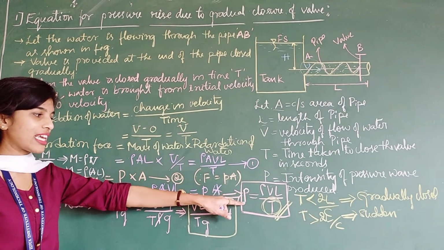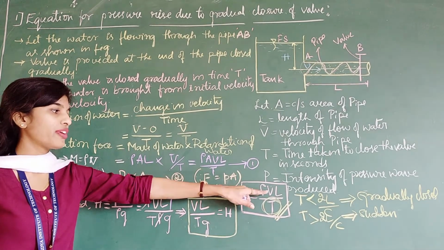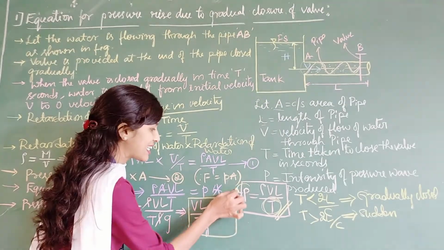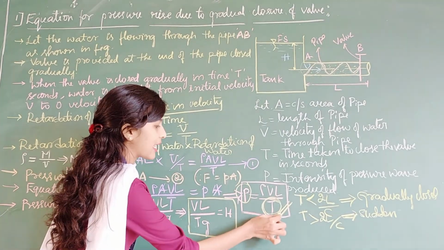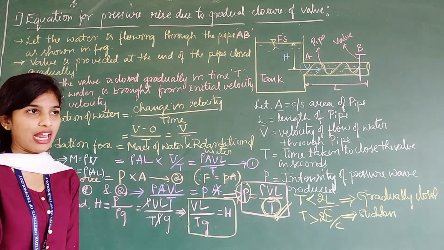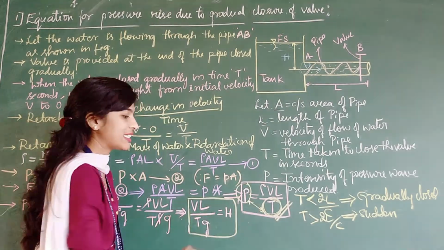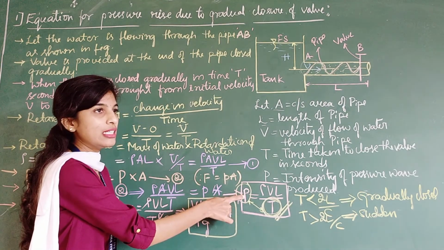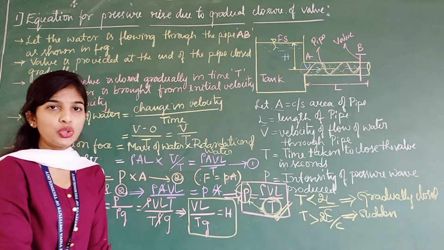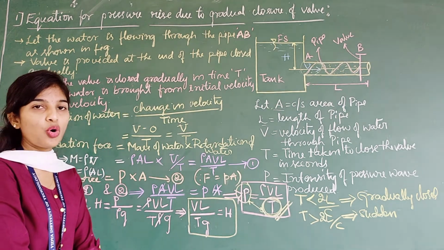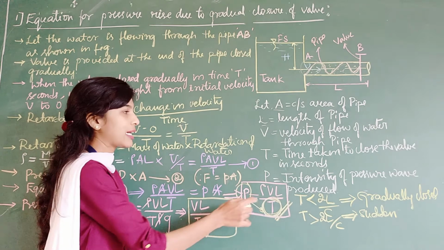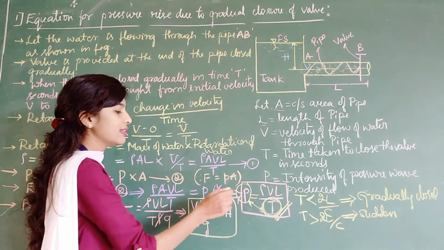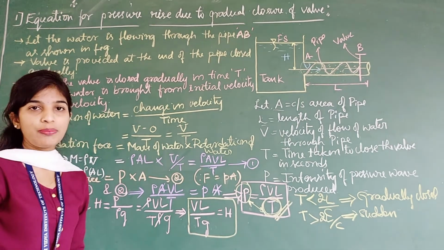This equation, P is equal to rho V L by T, represents the relationship between the increase of pressure and the time required to close the valve. So it represents the relation between P and T. Here you can see P is inversely proportional to T. If the time taken by the valve to close is more, then the intensity of pressure will be less.